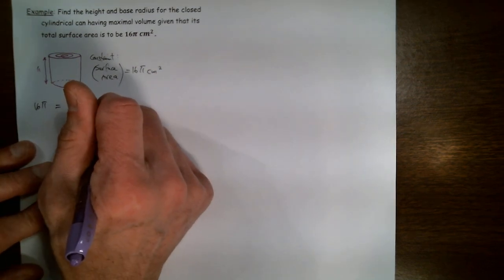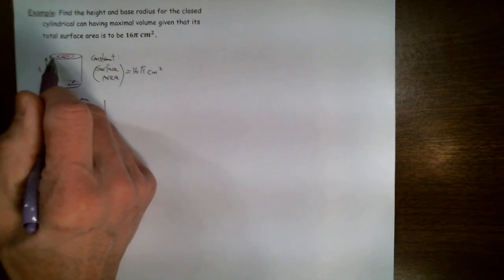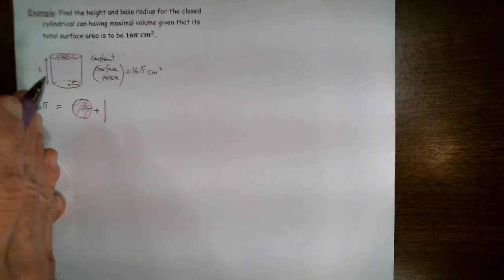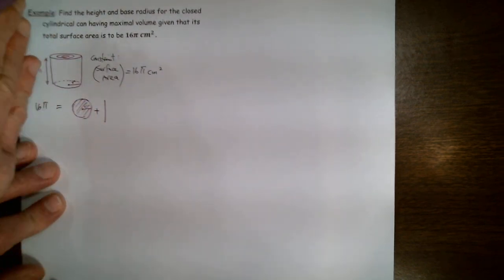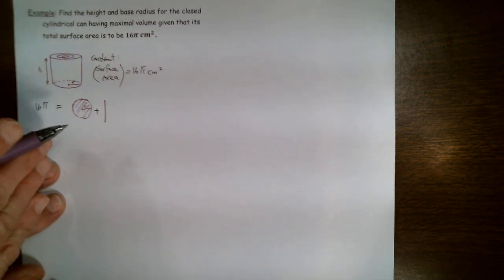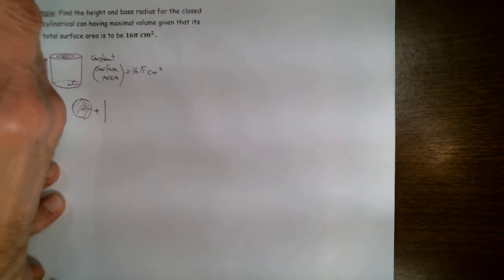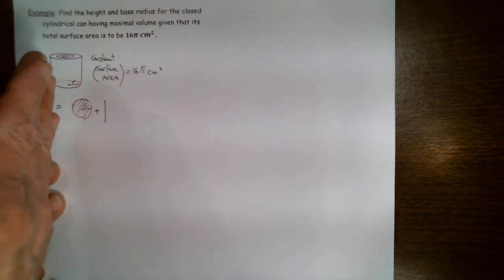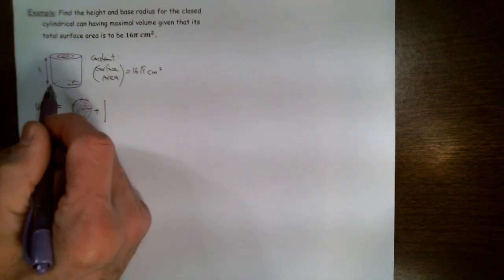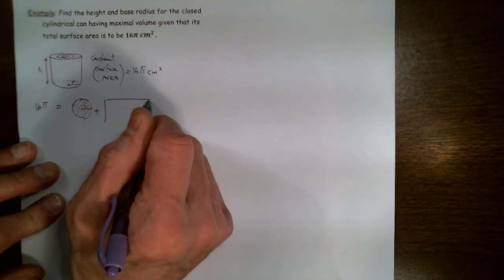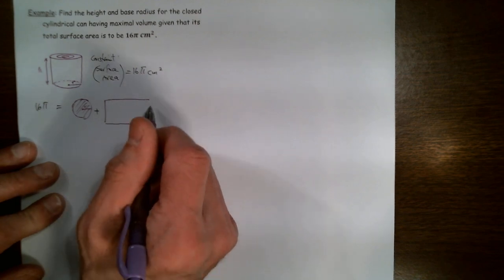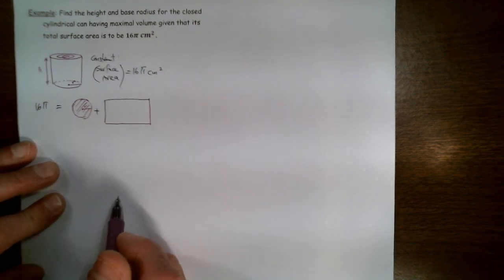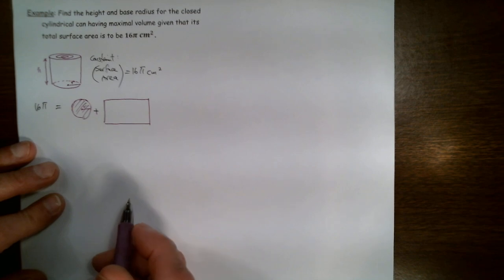which, if you think about it, if we would slice the can down with a cut that's parallel to the height of the can, we would flatten it out to obtain simply a rectangle, right?